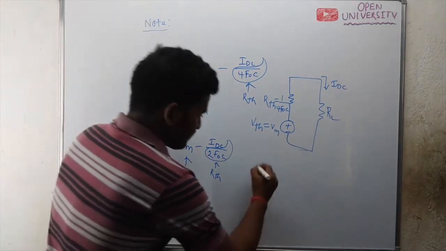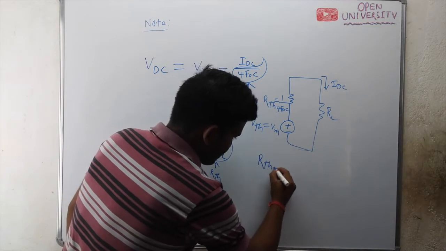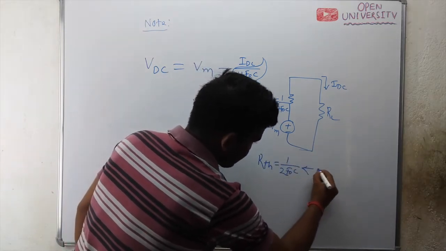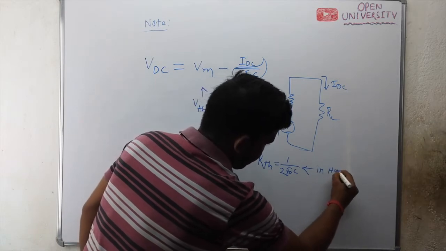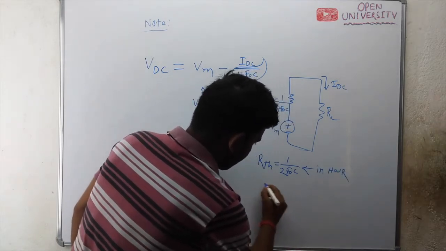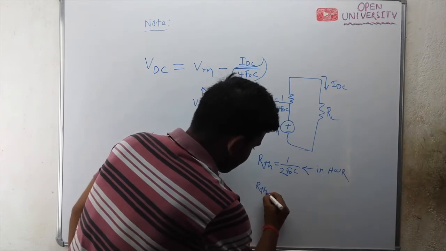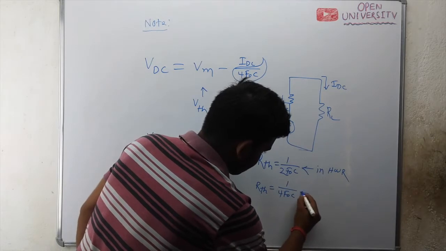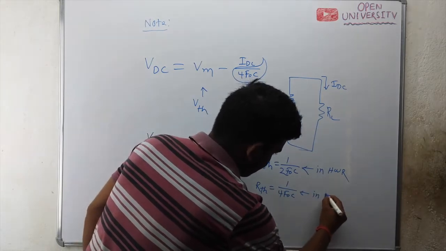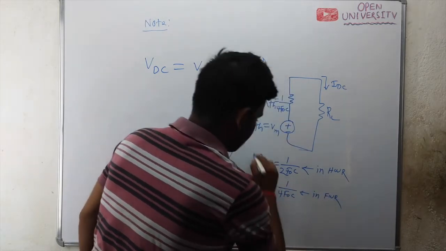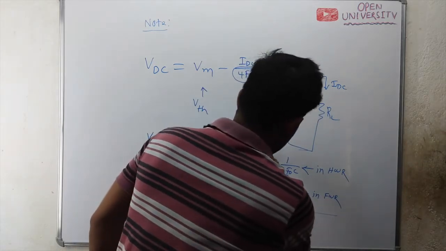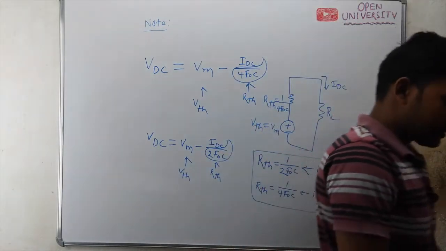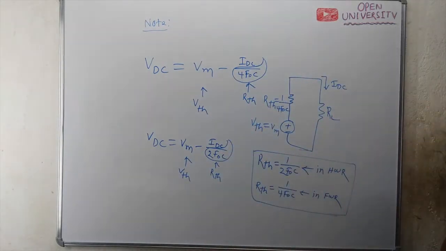Only RTH value is 1 by 2 F naught C in case of half wave rectifier, and 1 by 4 F naught C in case of full wave rectifier. Remember this value.